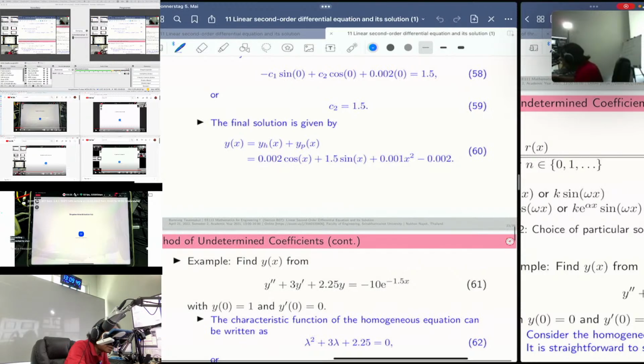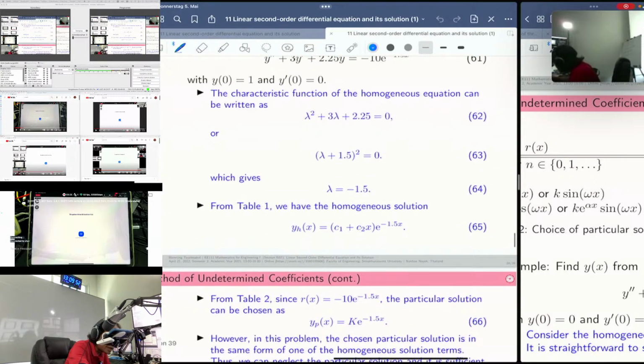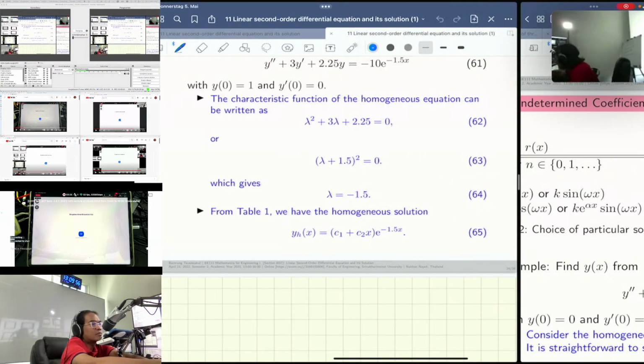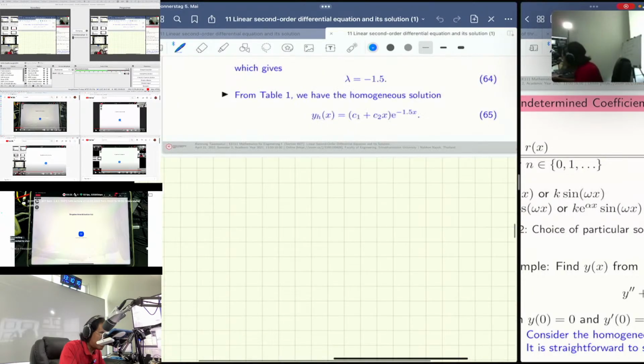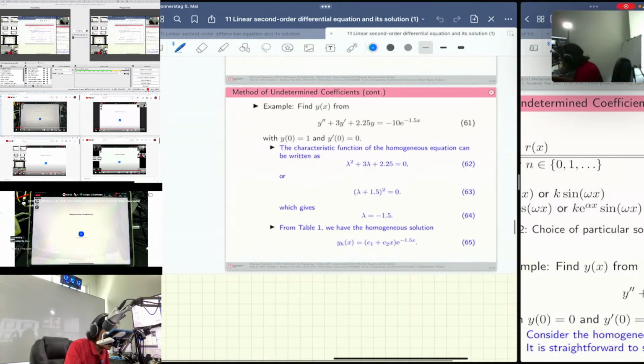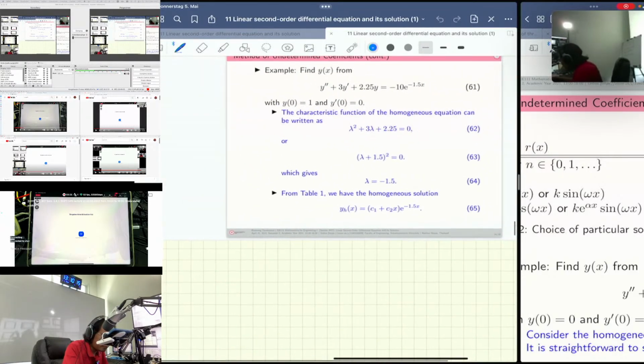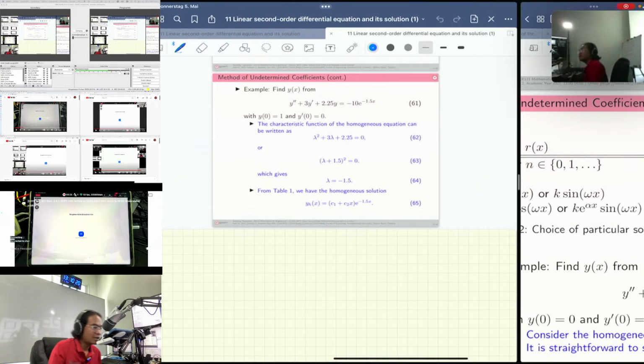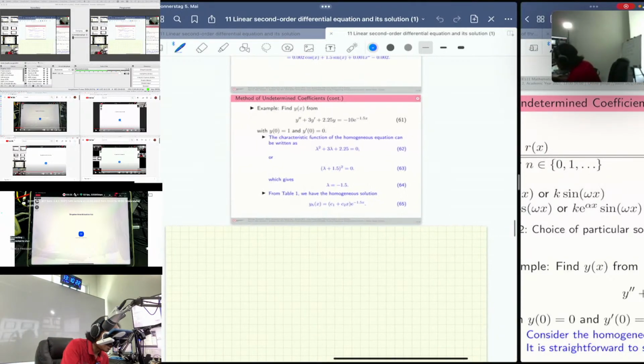Okay, let's open the empty page from this one. Let's connect to the, let's write down the... I'm not sure whether I have created the homework for you or not last time.